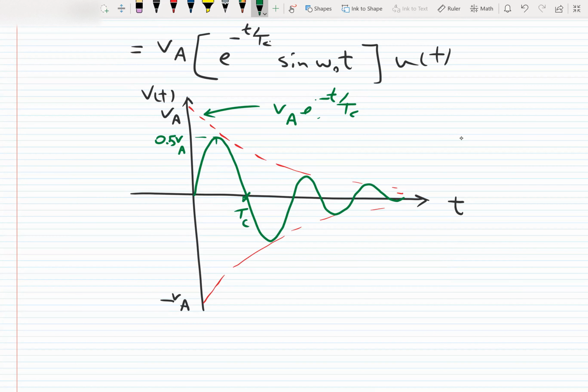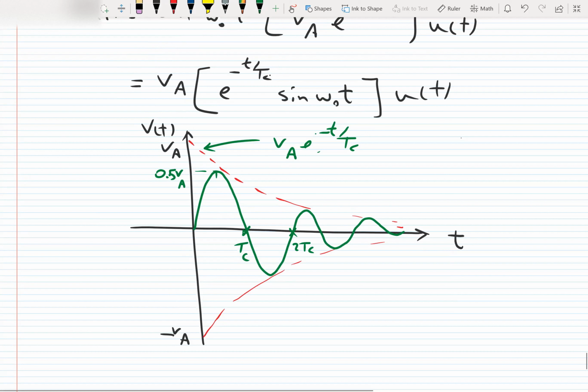The next point is 2 tc, and so on. Okay, so this one is the composite signal generated by combining these two signals. Okay, so it was the lecture on a composite signal. We will continue our lectures in the next video.